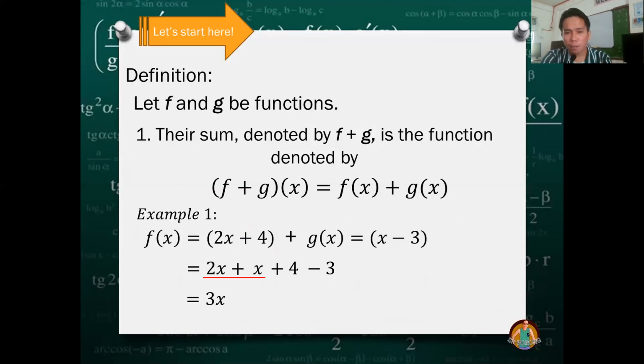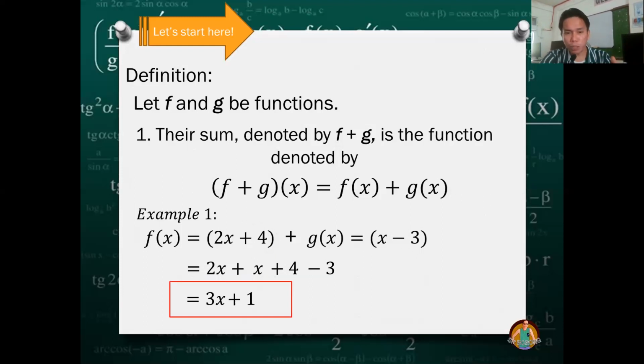Again, kapag yung variable blanco or hindi natin nakikita kung ano number, that is number 1 or 1. Next, positive 4 and negative 3 will give us positive 1. So positive 4 and negative 3, unlike signs, so minus. So 4 minus 3 is 1. And that will be our final answer.